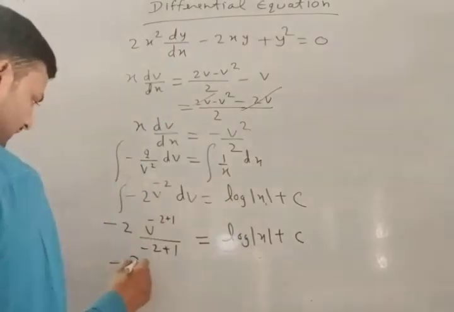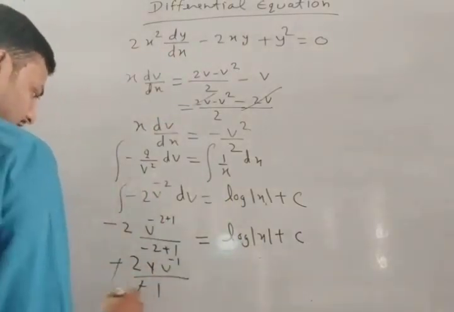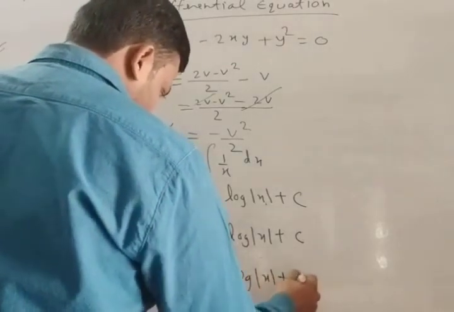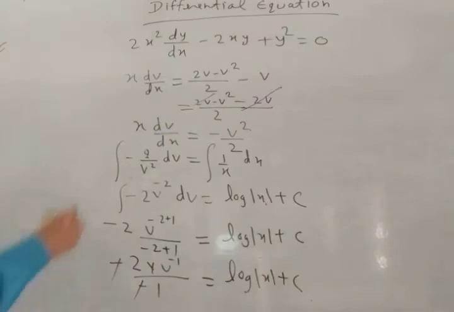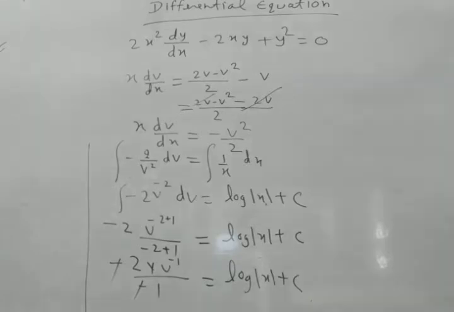So we get minus 2 into v to the power minus 1 by minus 1. It will be cancelled. Log of mod x plus c. Now we get 2 by v is equal to log of x plus c.